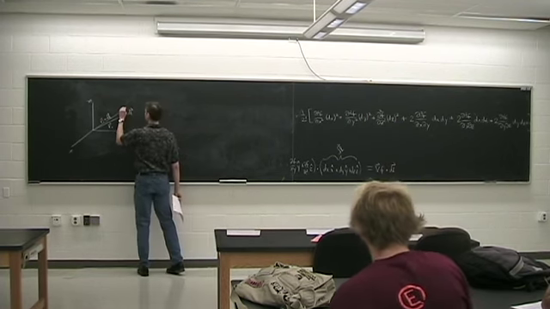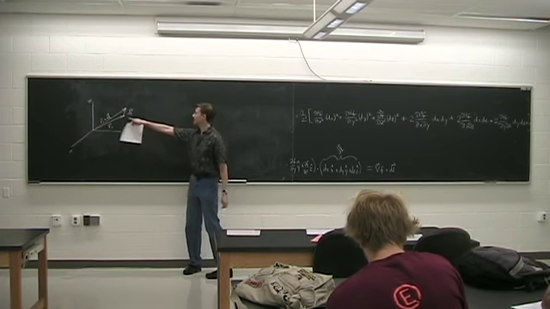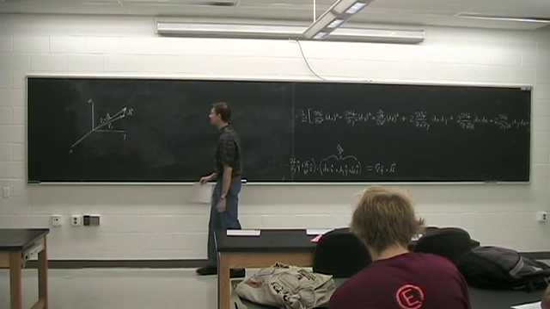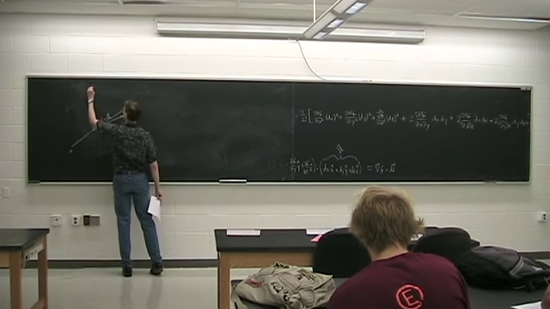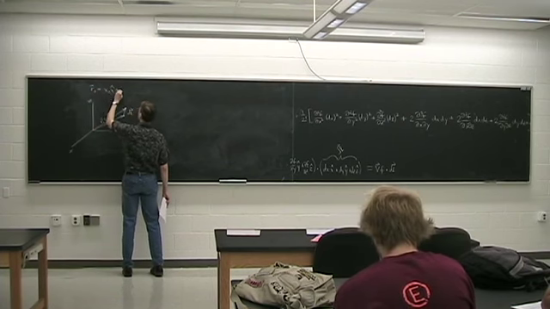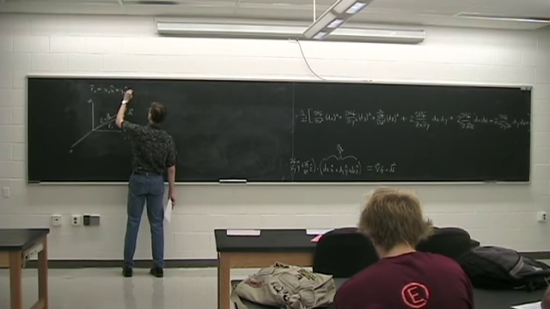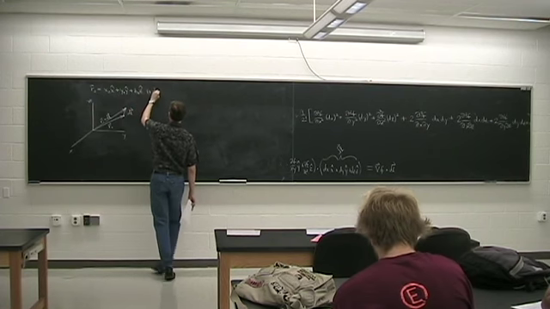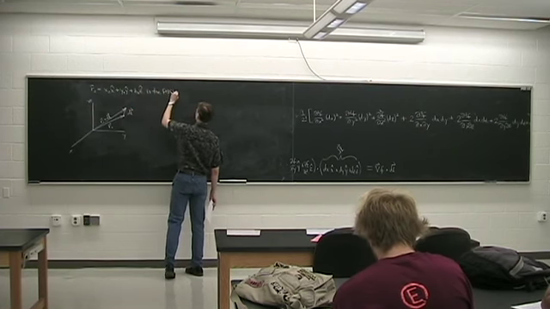In other words, these are the 2 points in question: x naught, y naught, z naught, and x naught plus dx, y naught plus dy, z naught plus dz. Just to be explicit, r naught is x naught x hat plus y naught y hat plus z naught z hat, the position vector.